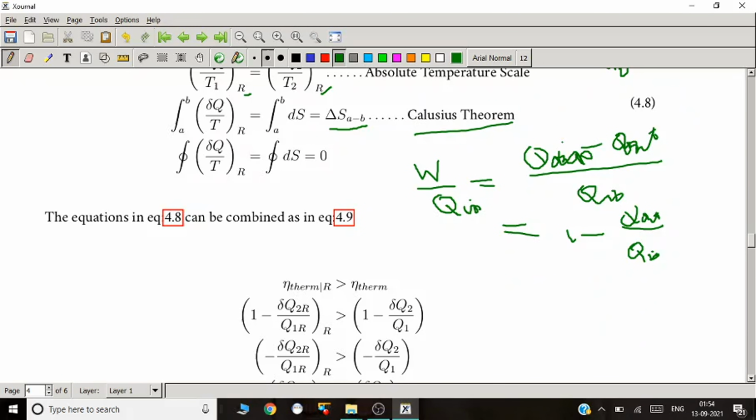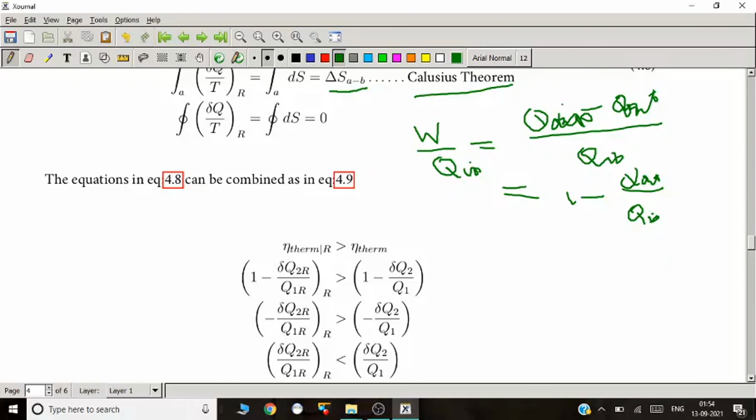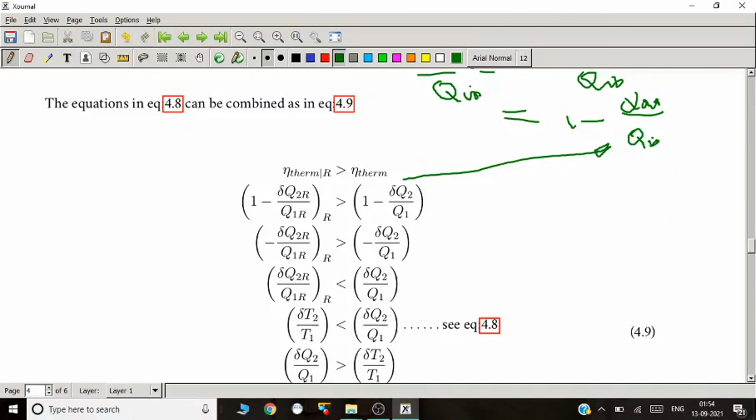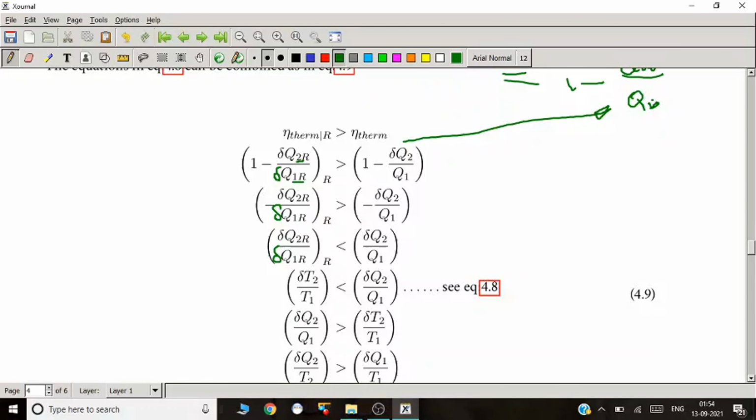For both cases, I'll substitute the values for Q out and Q in. Q2 represents the heat rejected, Q1 the heat input, this is delta Q1R. I've just substituted the value for the efficiency.